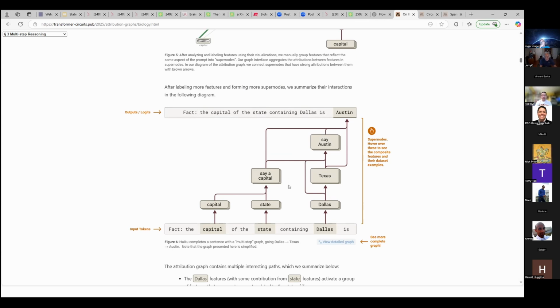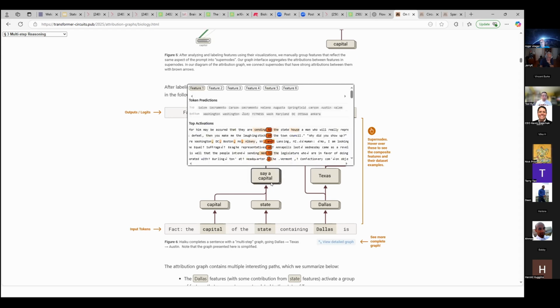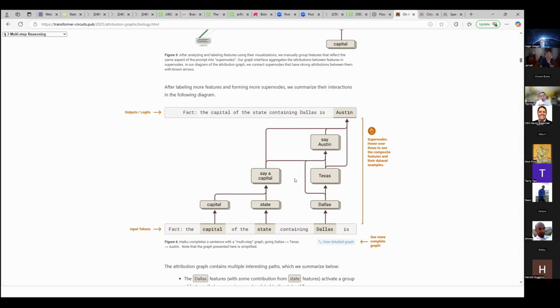But for example, it is entirely possible that these state features could be in layer 4, and if there's multiple, say, capital things they've lumped into a supernode, one could be layer 5, one could be layer 8, one could be layer 12. One of them could be at this token position, one could be at the word containing token position.